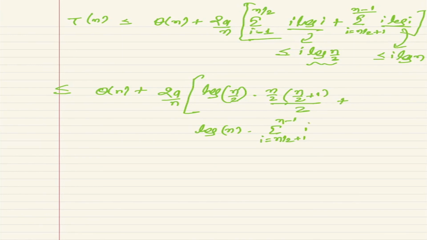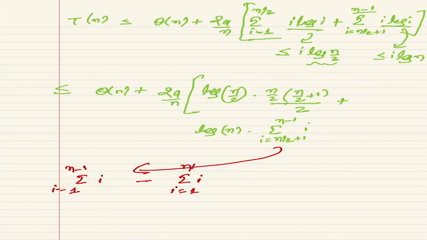So now what is that? And now this one I will just compute separately. So this will be summation i equal to 1 to n minus 1 minus summation i equal to 1 to n by 2. Okay, so that is n times n minus 1 by 2 minus n by 2 plus 1 by 2.